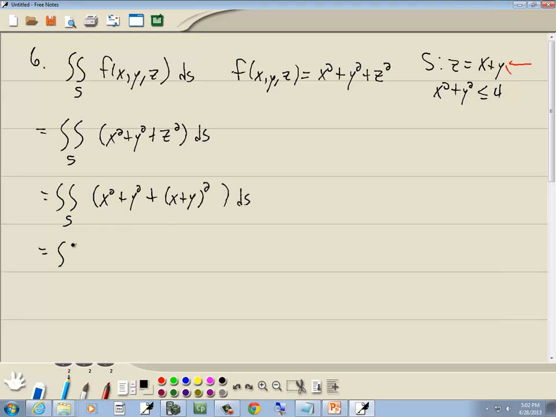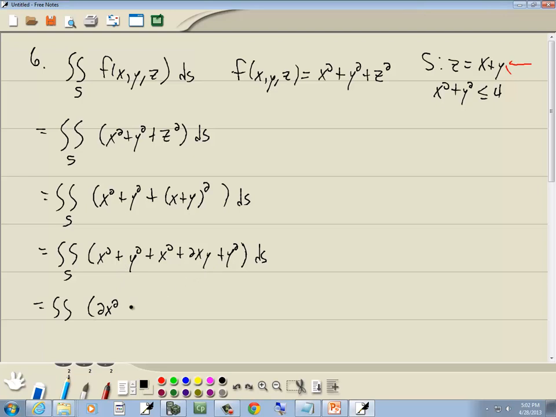Which, if I simplify that, we get x squared plus y squared. X plus y to the second power is x squared plus 2xy plus y squared, ds. Well, we got x squared plus x squared. That gives us 2x squared.